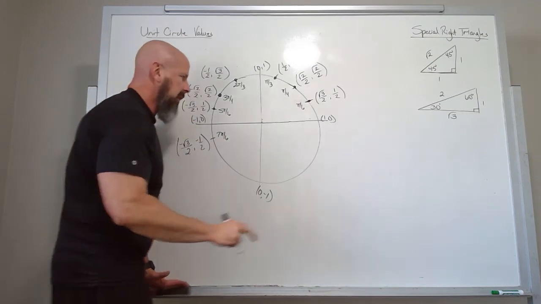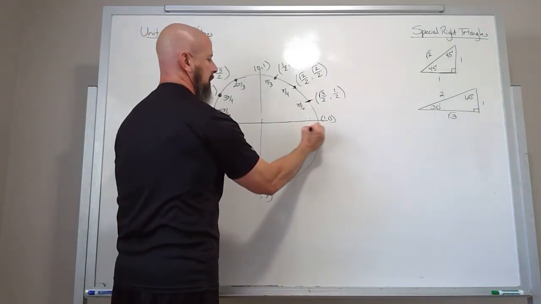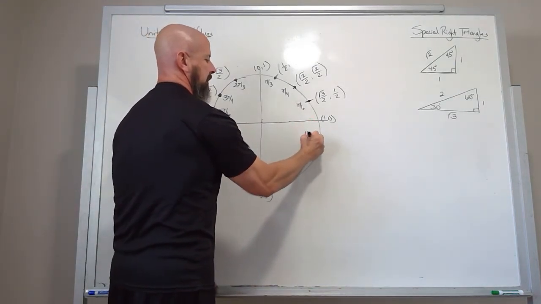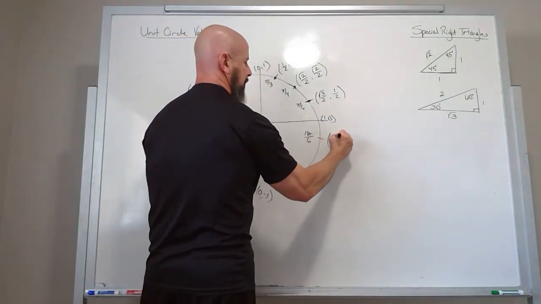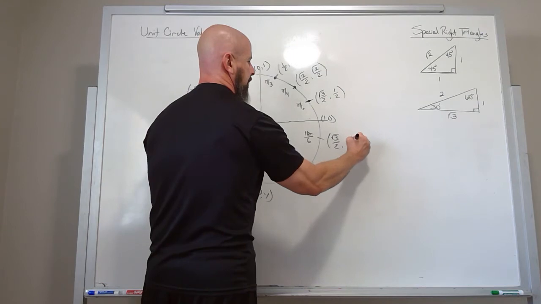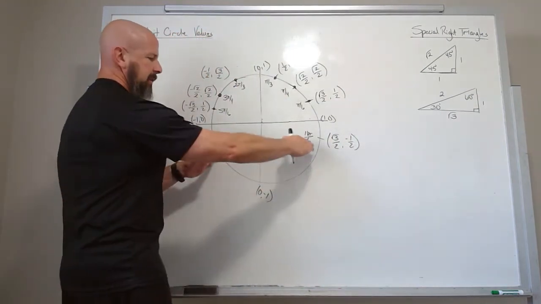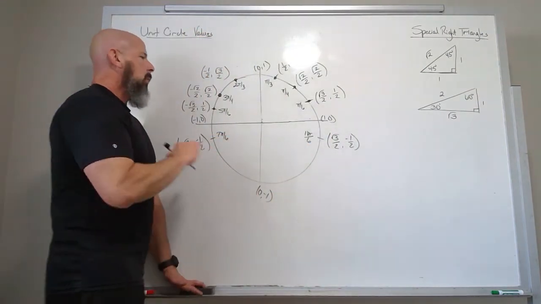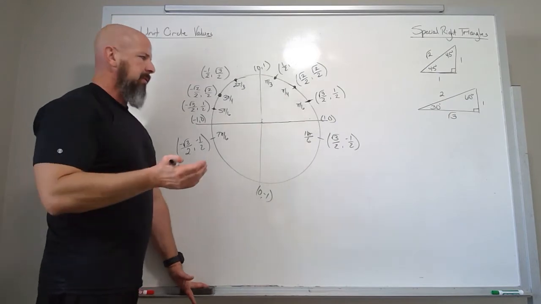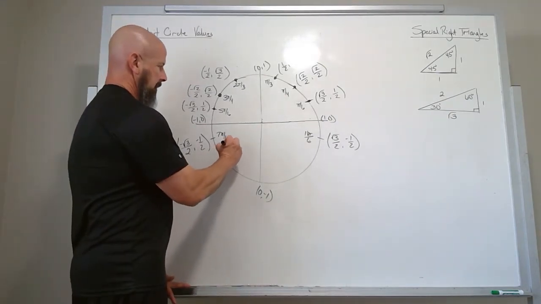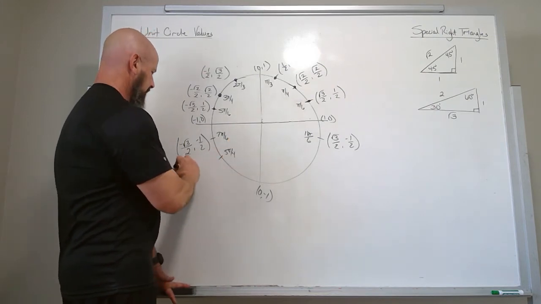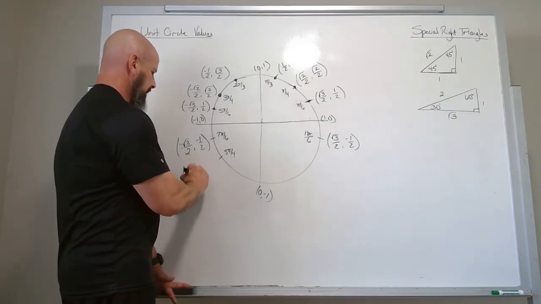And so then when I come around to the fourth quadrant, 11 pi over 6, now just the y is negative. So this would be root 3 over 2, negative 1/2. So you kind of get the idea. These values are going to repeat. Whether or not they're positive or negative depends on what quadrant we're sitting in. So here would be 5 pi fourths, both negative.